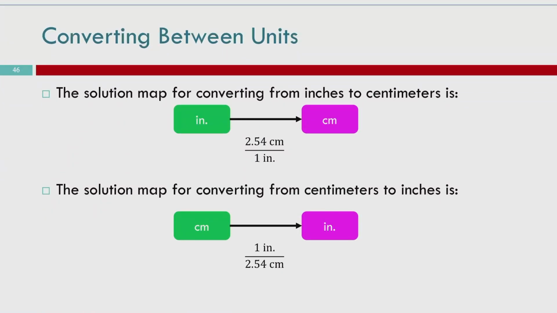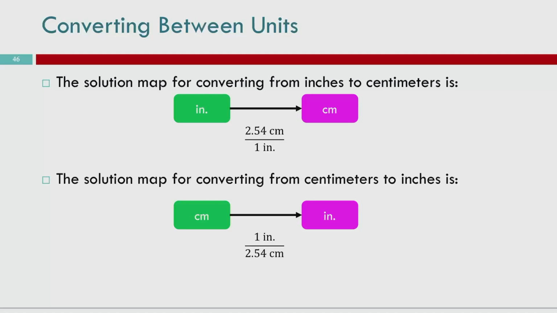And that'll often, for a one-step problem, look something like this. So if we're converting from inches to centimeters, we'll start with inches on the left, centimeters on the right, and usually something like a blue arrow. In this case, we can do inches to centimeters in one step.